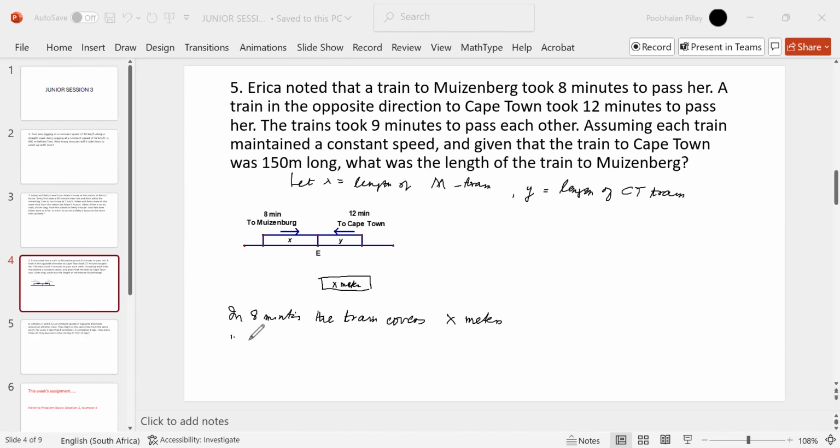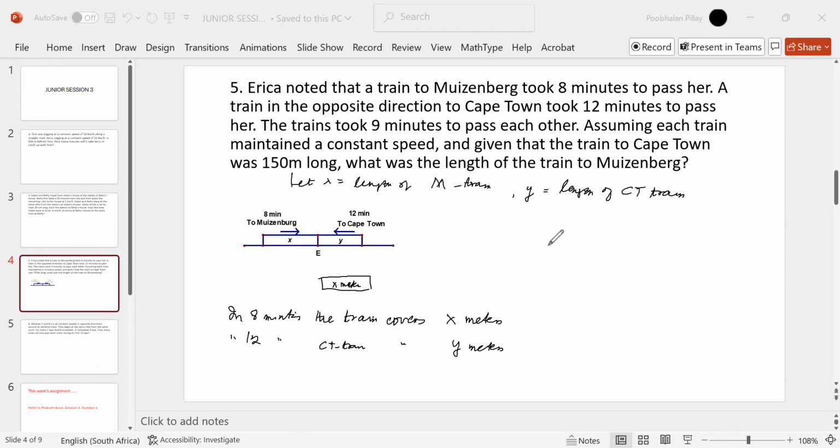So in 12 minutes, the CT train covers Y meters.